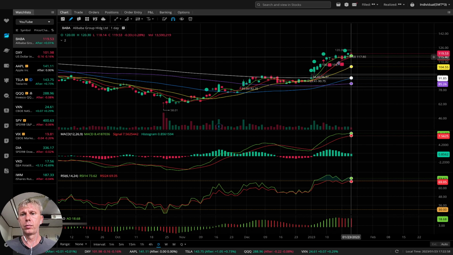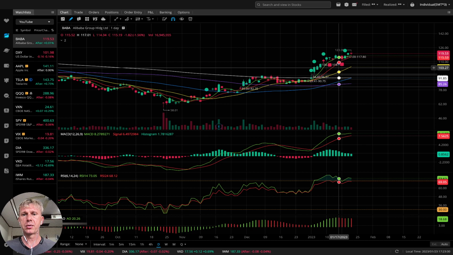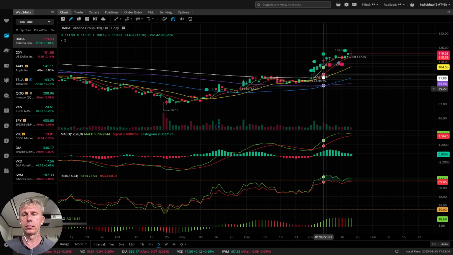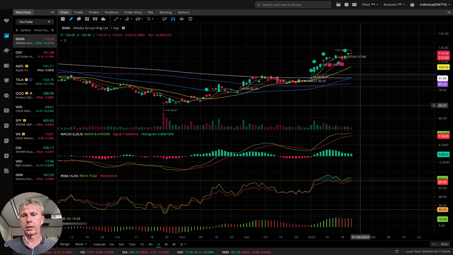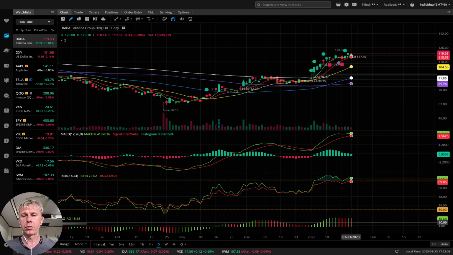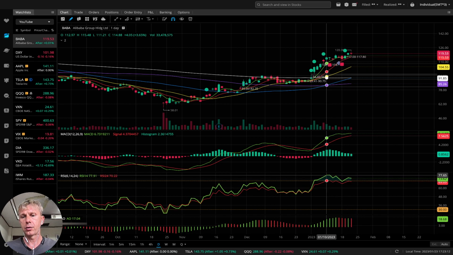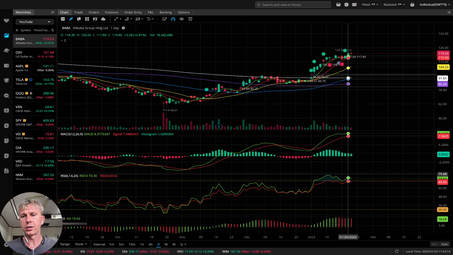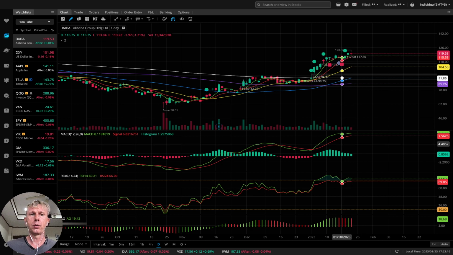MA5 wants to do a bearish crossover, a lot of gaps. It left a lot of gaps below, and it's overbought on RSI, and oscillator already changed to bearish. RSI is overbought with bearish divergences, ready for bearish trend.